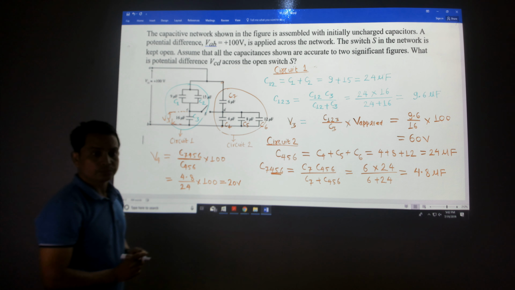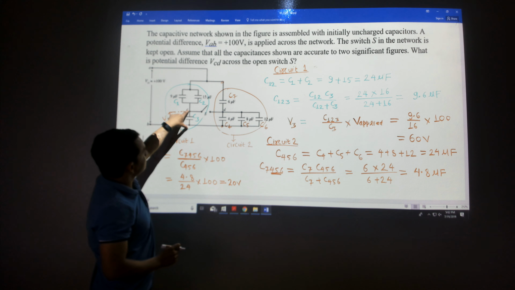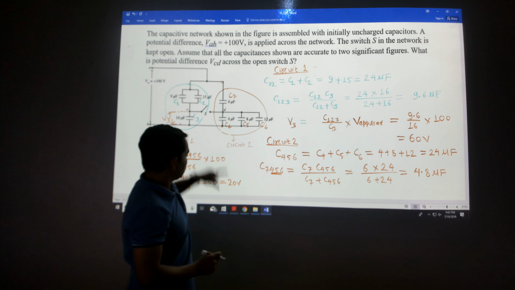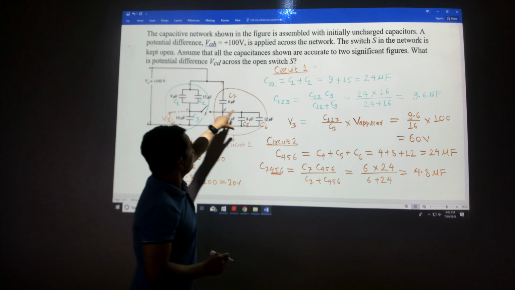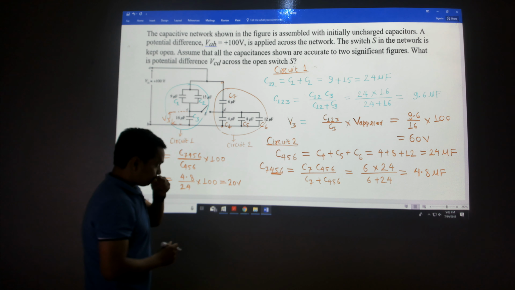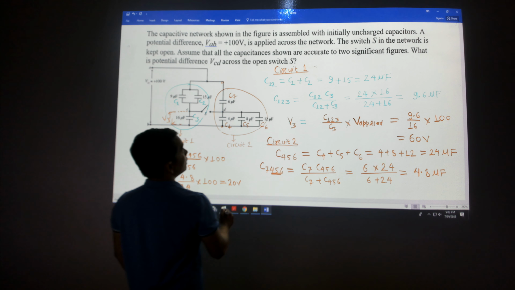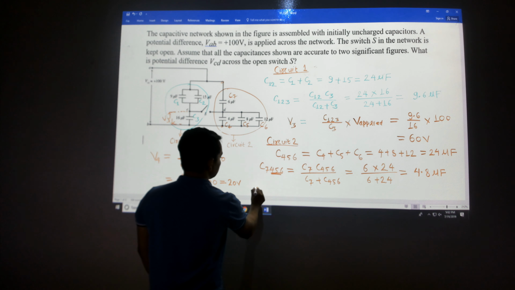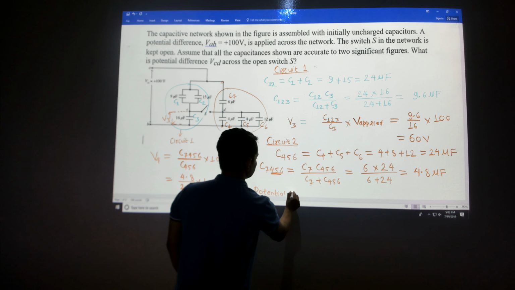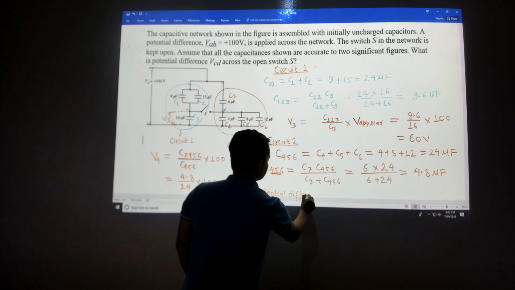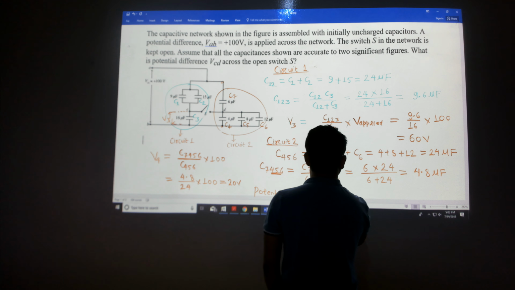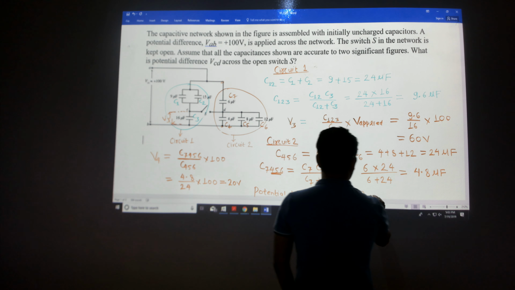So across this capacitor I get 60 volt, and across this combination I get 20 volt. It doesn't matter where you measure, at this point or this point, you'll get 20 volt. So the potential difference is 60 minus 20, which is 40 volt.